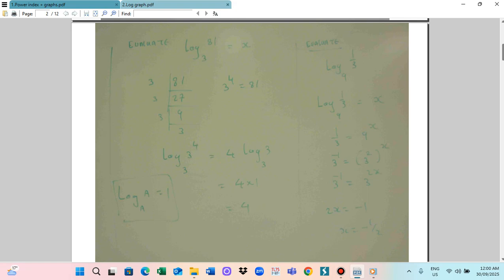Log 1 third base 9 is equal to x. So 1 third is equal to 9 power x. 1 third means 3 power minus 1, and 9 is 3 squared, power x. So 3 power minus 1 is equal to 3 power 2x. So 2x is minus 1, so x is equal to minus half. By this way we can convert between the logarithmic and the exponential form.